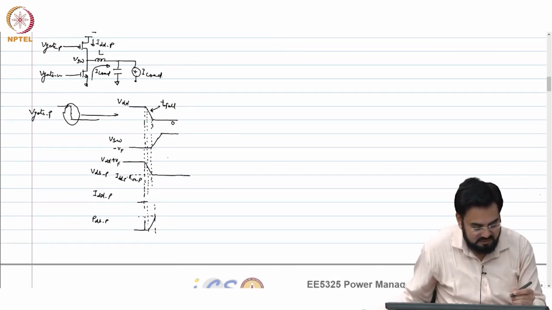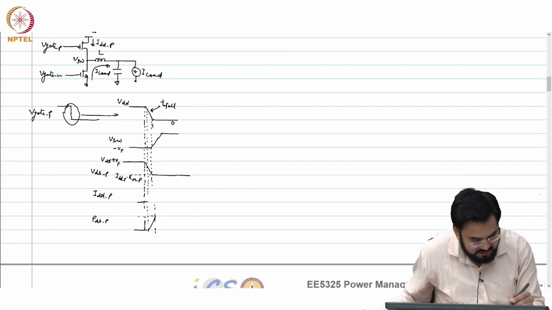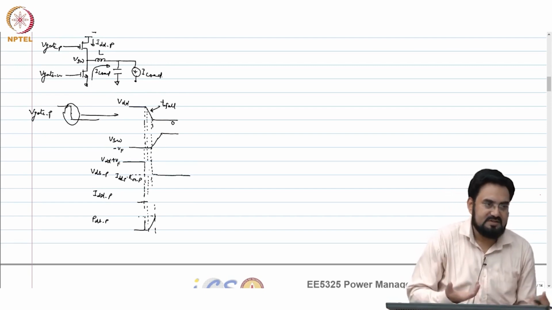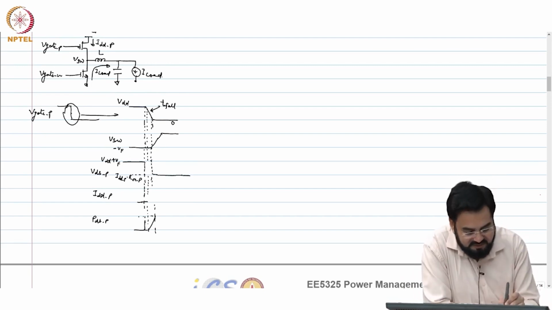Okay. So, I think this is not correct. VSW is rising from here. So, how can VDS start changing right away? It should start changing from here only.